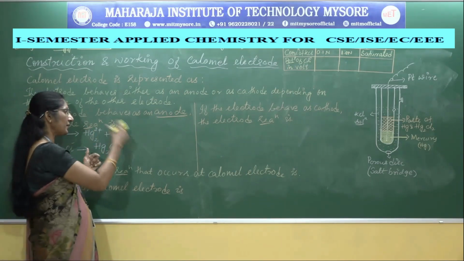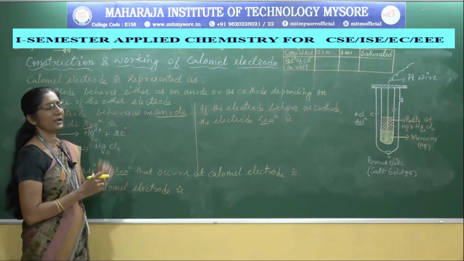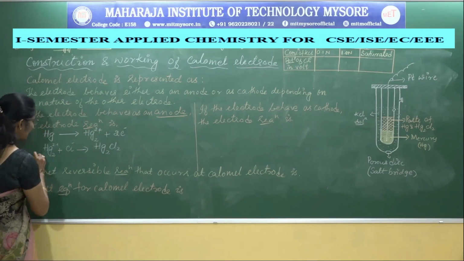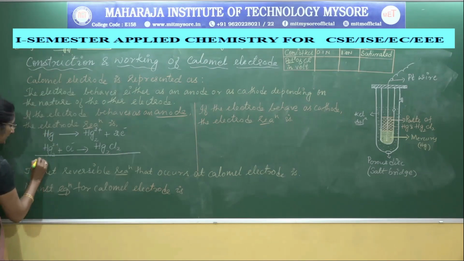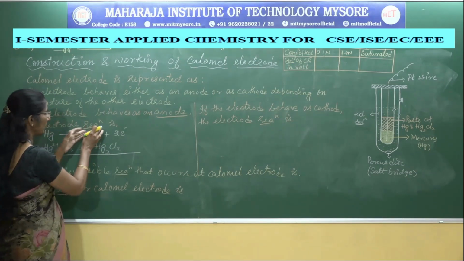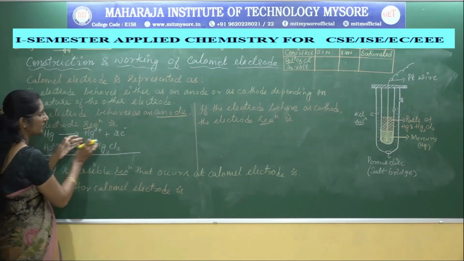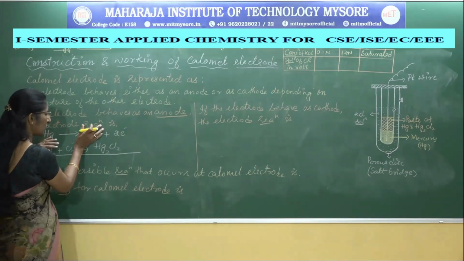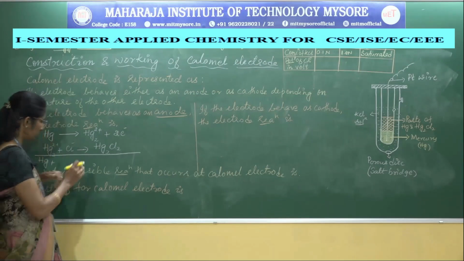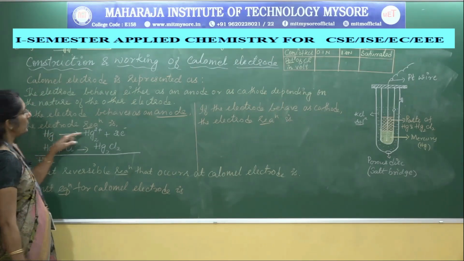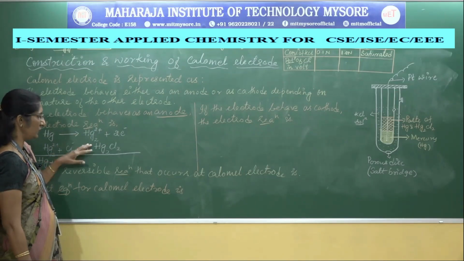Then what is the net reaction when the calomel electrode acts as an anode? We have to add these two equations. The Hg2 2+ formed reacts with the chloride ions and is converted into mercurous chloride, so there is no free mercurous ion. We have to balance these two equations individually.